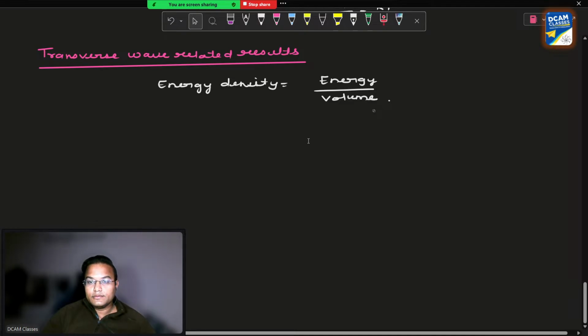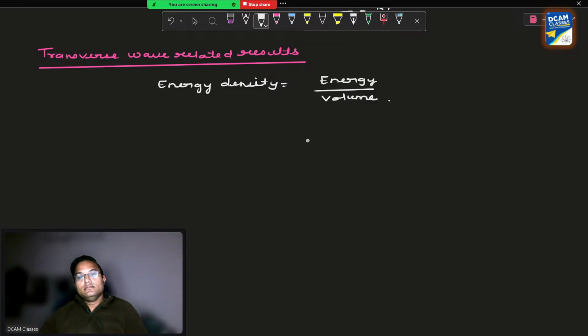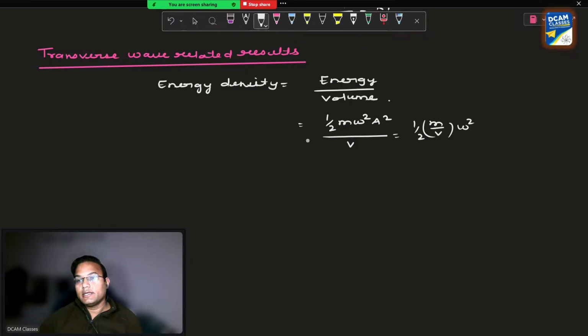Yes, sir. Half m omega square A square. If we divide it by volume, half m by V into omega square A square.